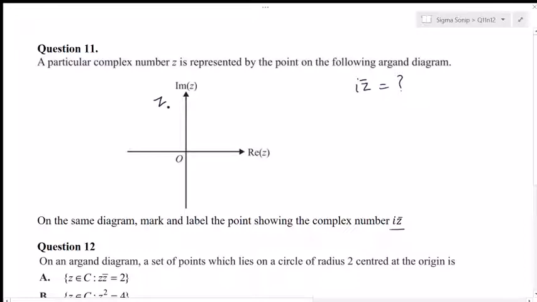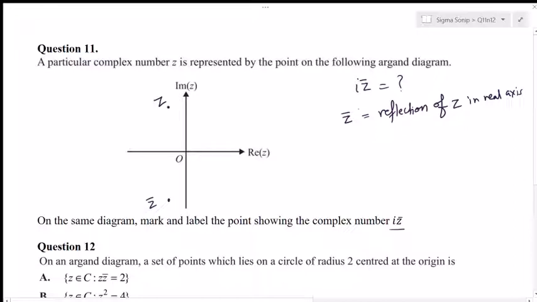So first we need to find Z bar. Z bar is the conjugate of Z, so it is a reflection of Z in the real axis. So our Z bar would be here.